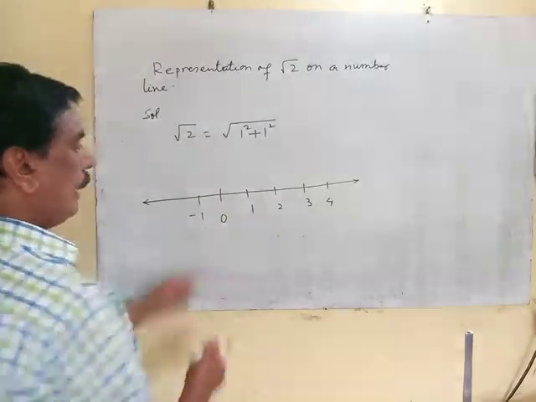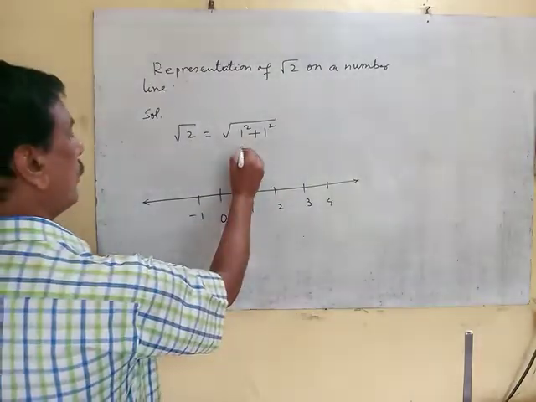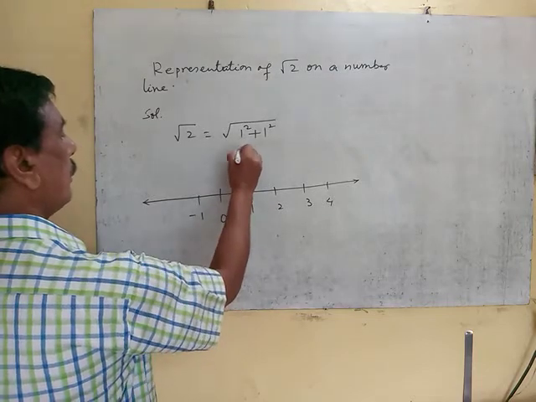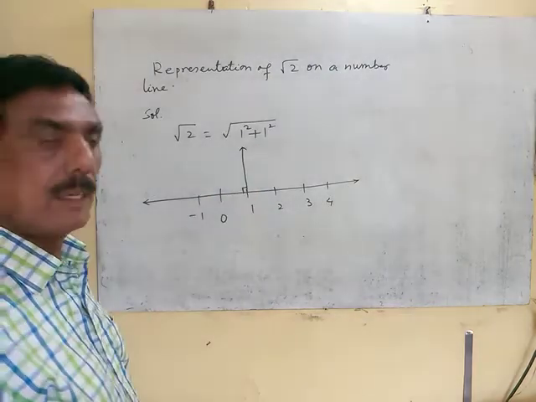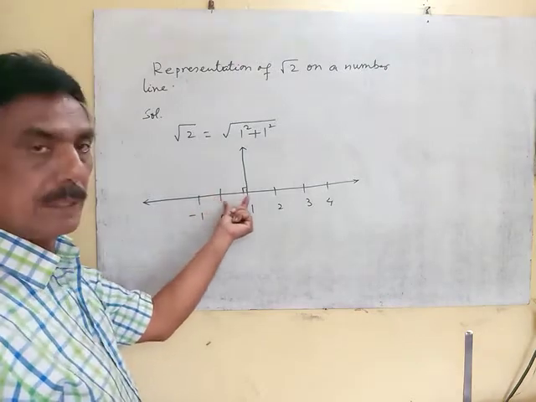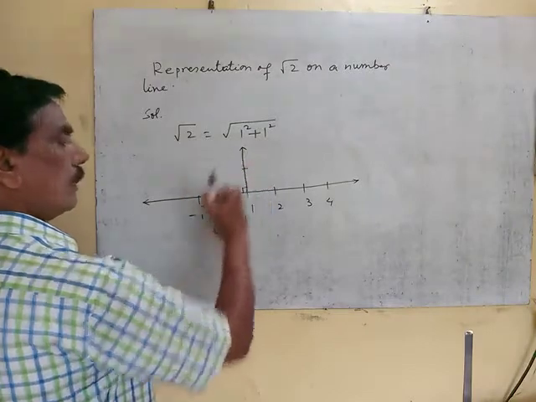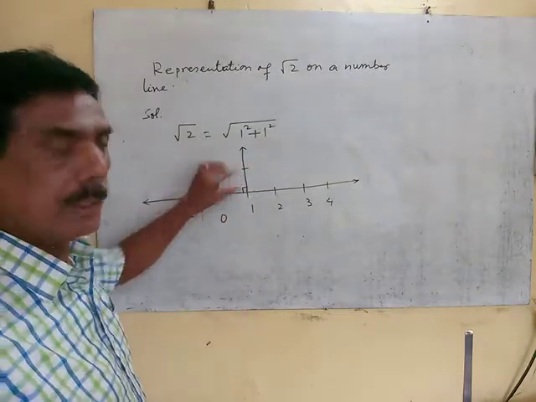Then at this one place, you draw a perpendicular. Cut 1 unit equal to this one. This and this are equal. Now join this.